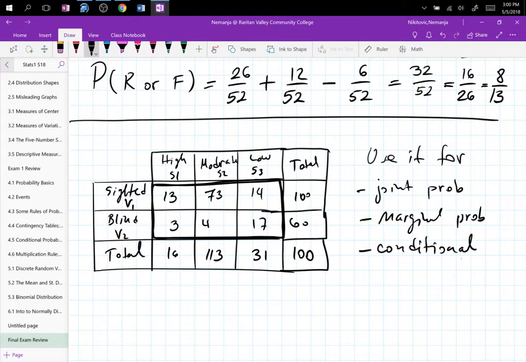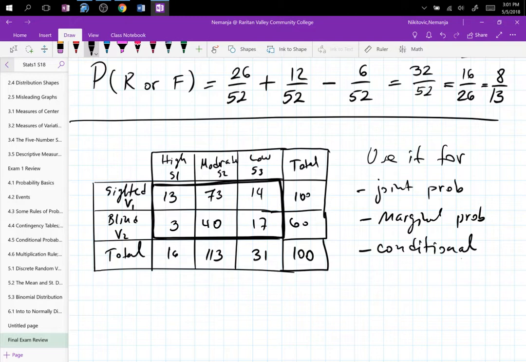Now, joint probability, you should write this in your notes, and I will. Joint probability is when you take one of the cells divided by the grand total, in this case by 100. The cells are the ones that are highlighted in the data: 13, 73, 14, 3, 40, and 17. Because 3, 4, and 17 can't add to 60.